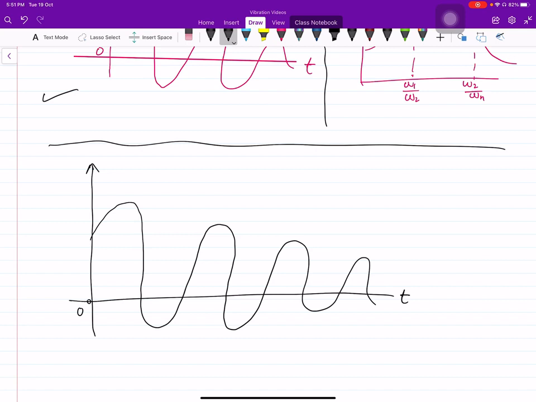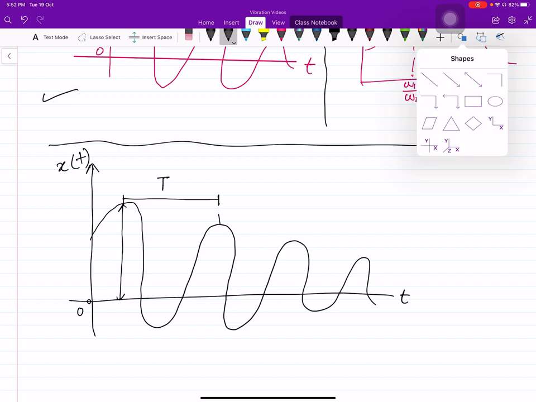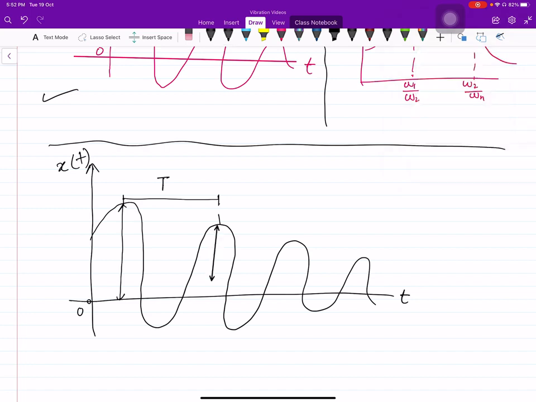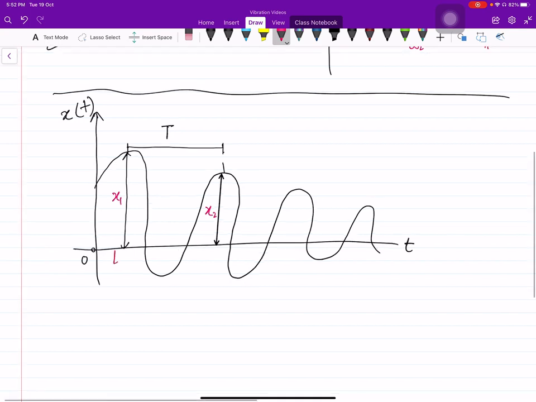This is the magnitude with respect to t, and this is one cycle completed, which we denote by T. From here we denote x1, and here we denote x2. So this is x1, this is x2, from time t1 to time t2: from 0 to t1, then from t1 to t2. This is the one cycle we have.